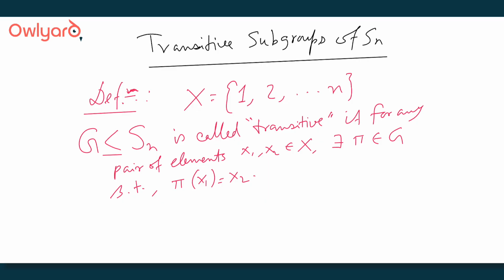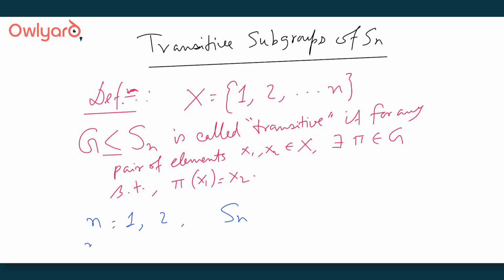Okay. As I mentioned, this is a very important class of subgroups, and it plays a very crucial role in Galois theory, and we will come back to it. Now, for n equals 1 and 2, this is a trivial example. The entire S_n is the only transitive subgroup of S_n itself.